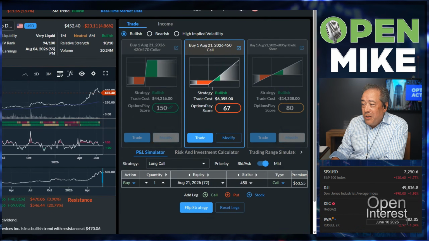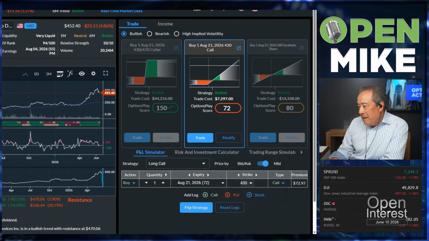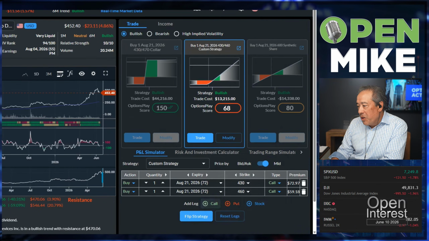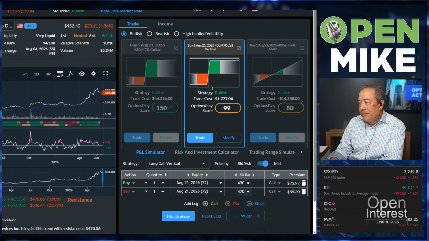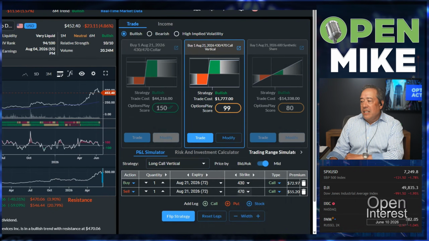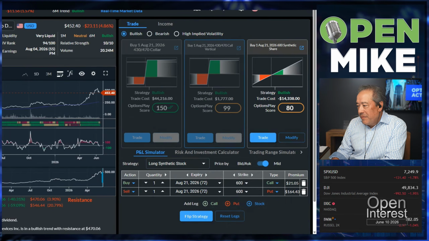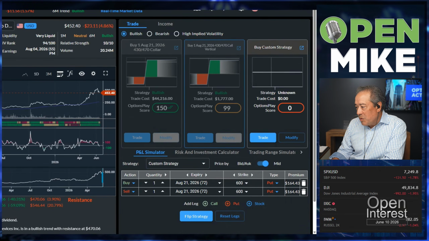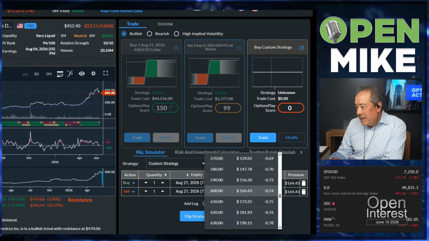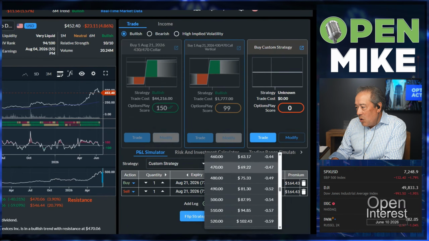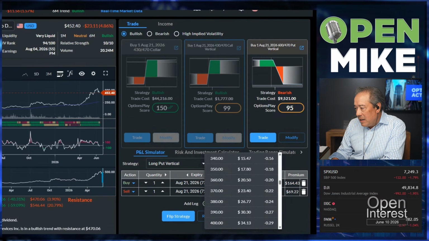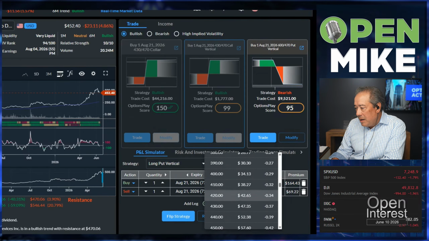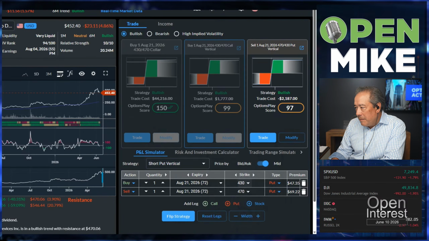And it is also synthetically the exact same thing as a long 430, 470 call spread. And that is the exact same thing as, we got to switch these both to puts, a short 470, 430 put spread.